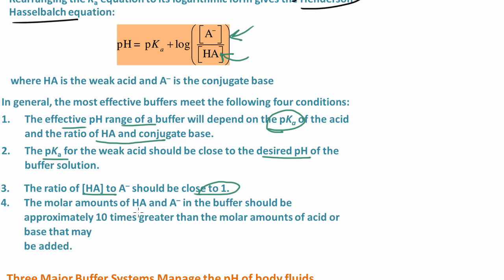The molar amounts of acid and base in the buffer should be approximately 10 times greater than the molar amounts of the added acid or base. So these are the 4 requirements for a buffer system. And again, I can't stress enough, a buffer is a solution that contains a weak acid and its conjugate base.